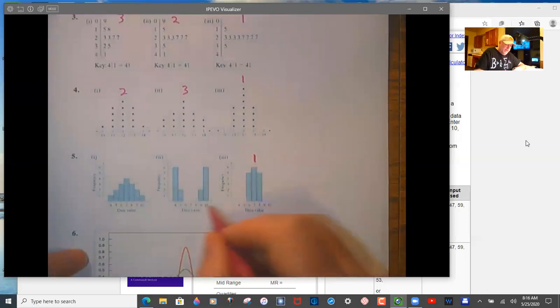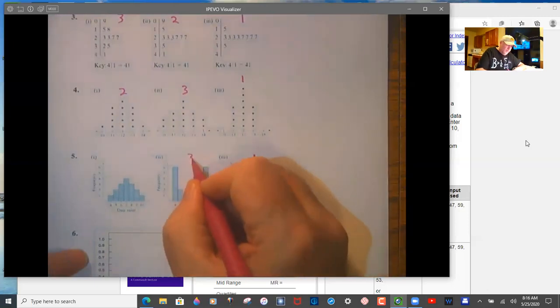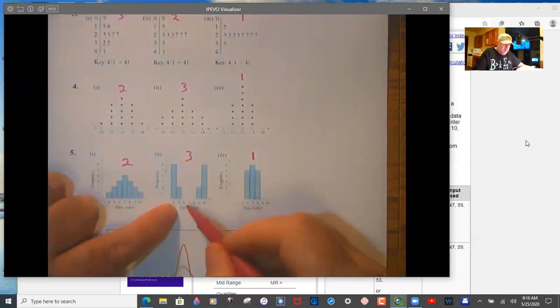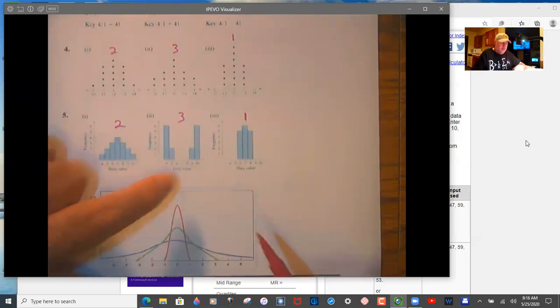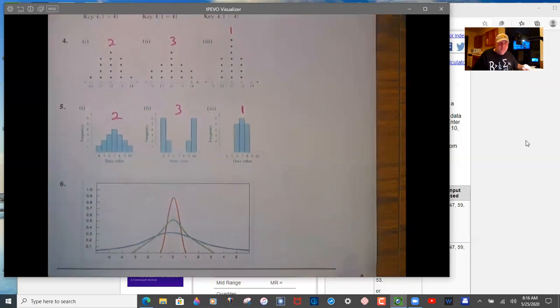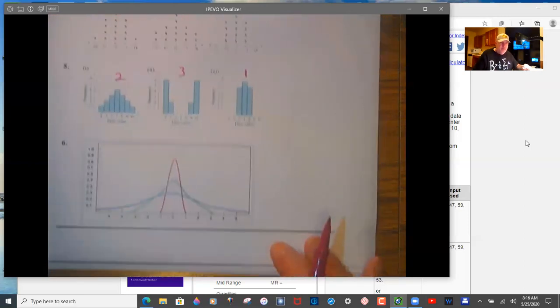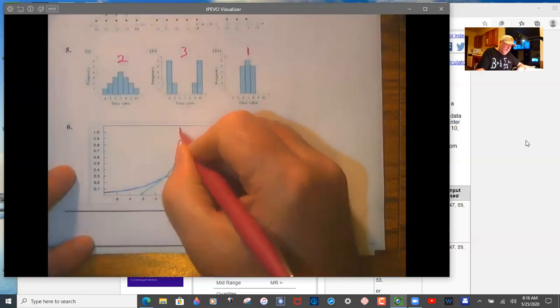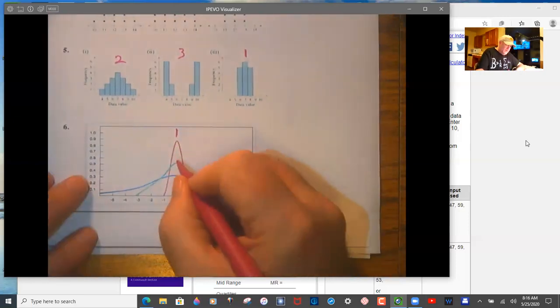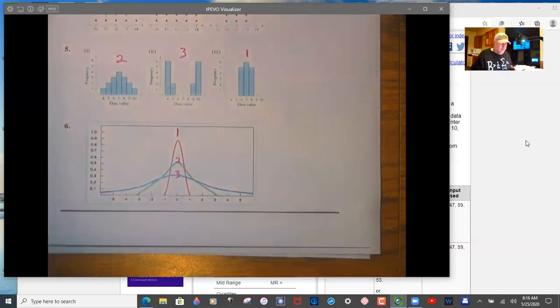This is the least spread out, and I would say this is the most because your mean is right here in the middle. It's not even part of the data set. So definitely that's the most spread out. And then curves that look like normal curves. This is the least spread out, and then the green is number 2, and then the blue is number 3.